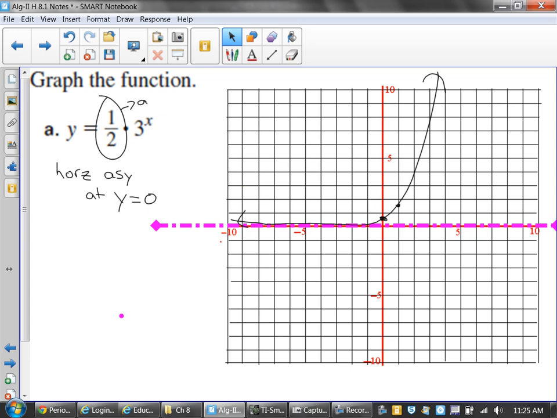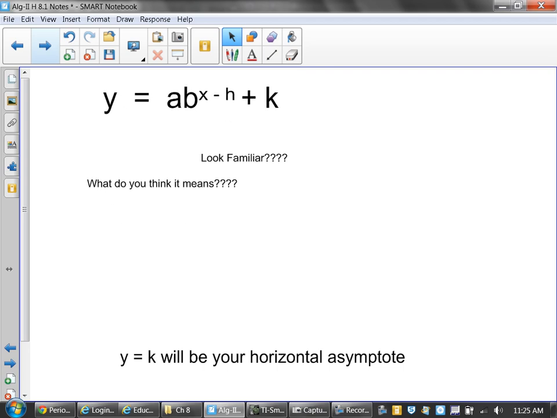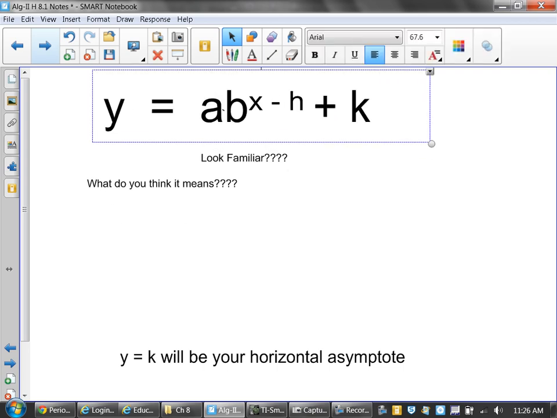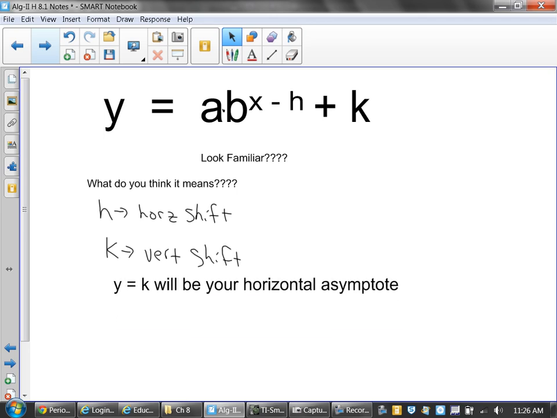And what does the h stand for again? Horizontal. It's your horizontal shift. And your k is vertical. And when you shift things vertically, y equals that k value will become your new horizontal asymptote.